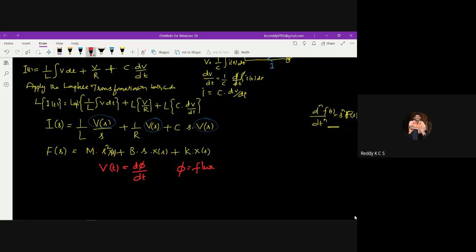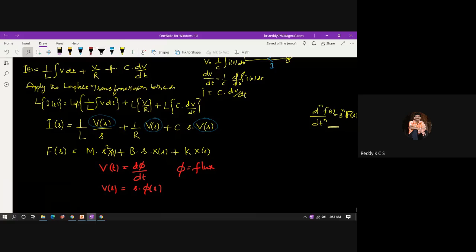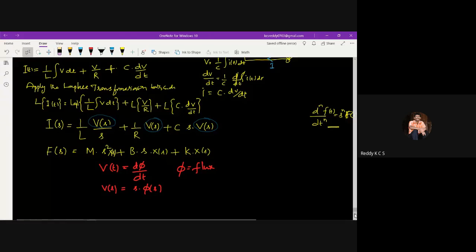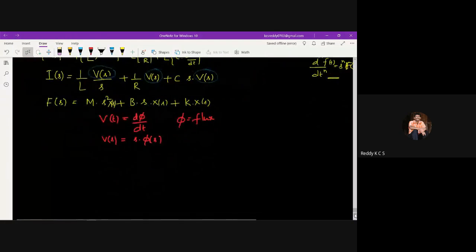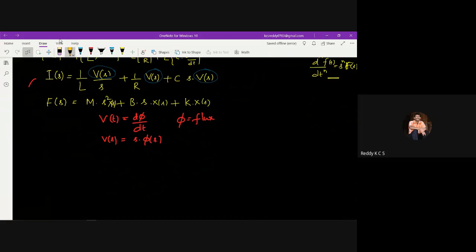Then if I apply the Laplace transform on both sides, the Laplace transformation of d by dt of pi is equal to s into pi of s. So now looking at the above current equation, substitute this value in this equation.